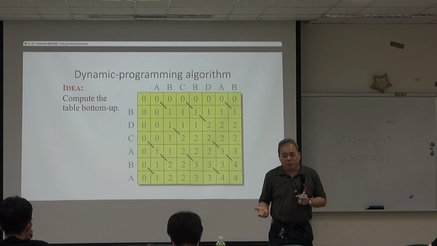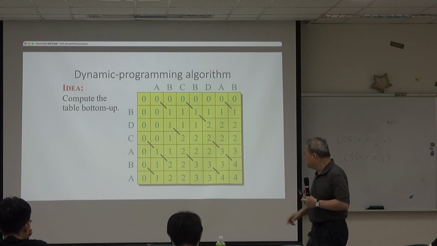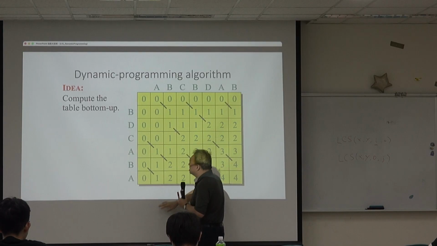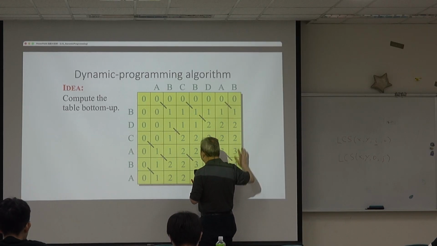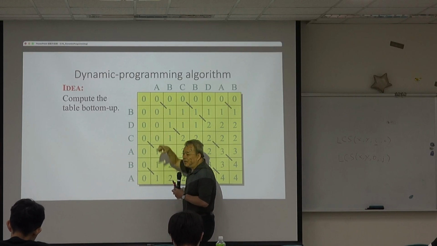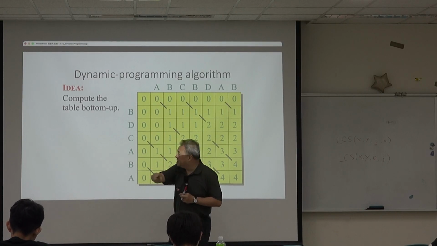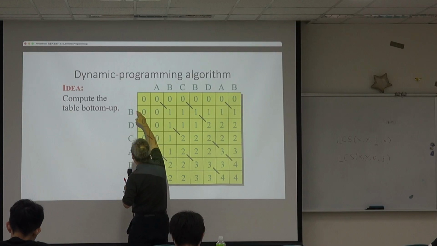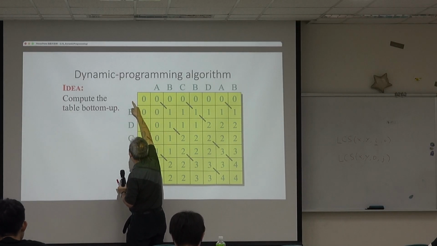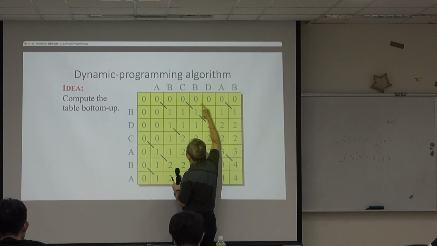The bottom up will be, initially, you start from this table. Everything is linear, except the base case. The base case is like here. It's zero. So you have zero here, you have zero here.